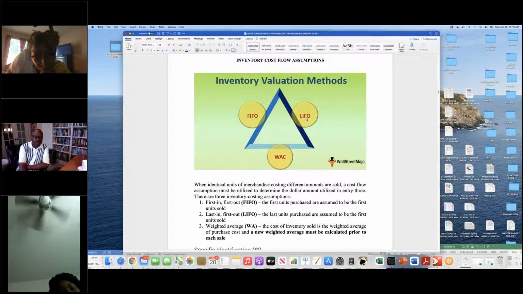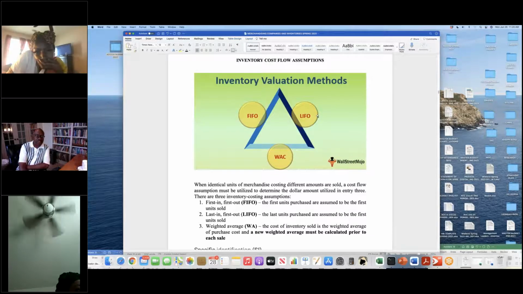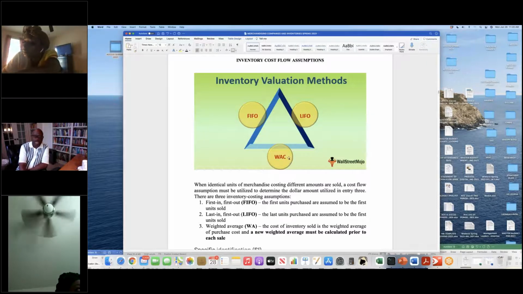LIFO goes the opposite way, where we sell the last ones first. Then we have weighted average, where we get an average price for the inventories.